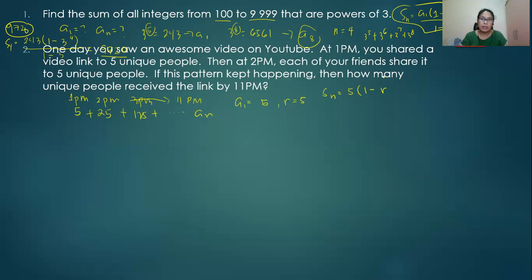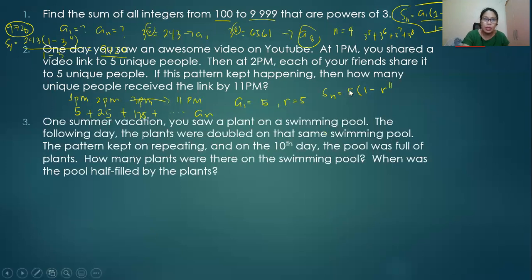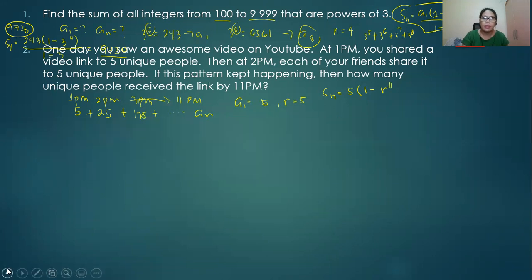So how did we know that it's 11? Because this is from 1 p.m. until 11 p.m. So we have 11, and then all over 1 minus 5.